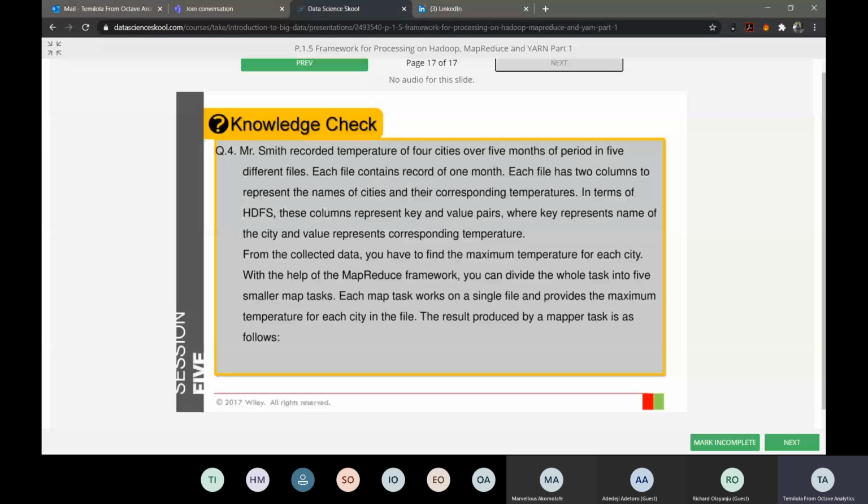Let's say we have 10 entries of Lagos State, and let's say we have 27 degrees recorded for each. So for those 10 entries, the total recording will be 270 degrees.